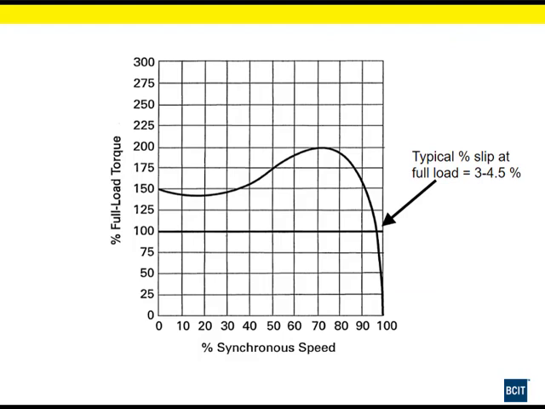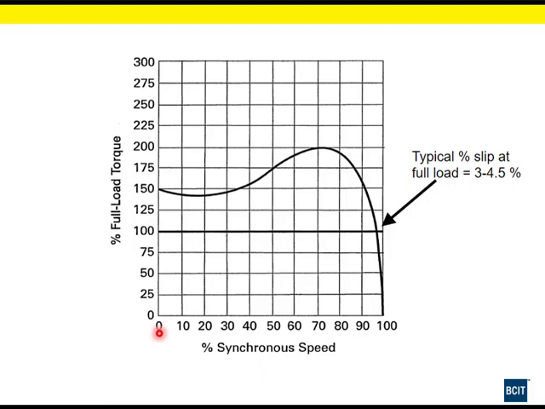So if we look at this graph here, this graph is showing us the relationship between the speed of the rotor and the torque. When we look at this bottom, it's the synchronous speed here, so 100%, and what percent the rotor is of synchronous speed.